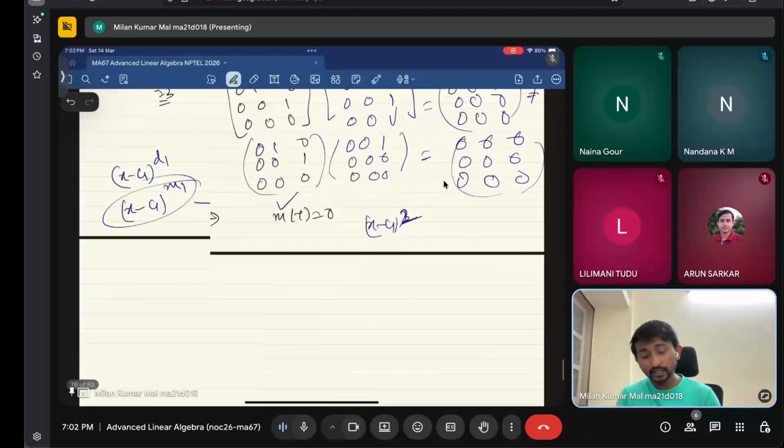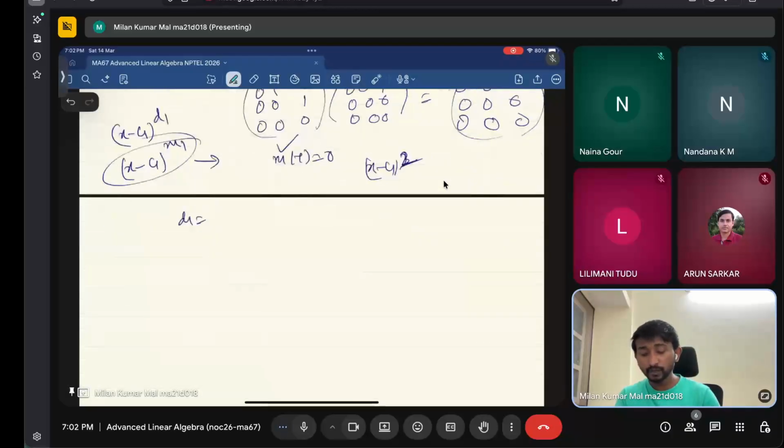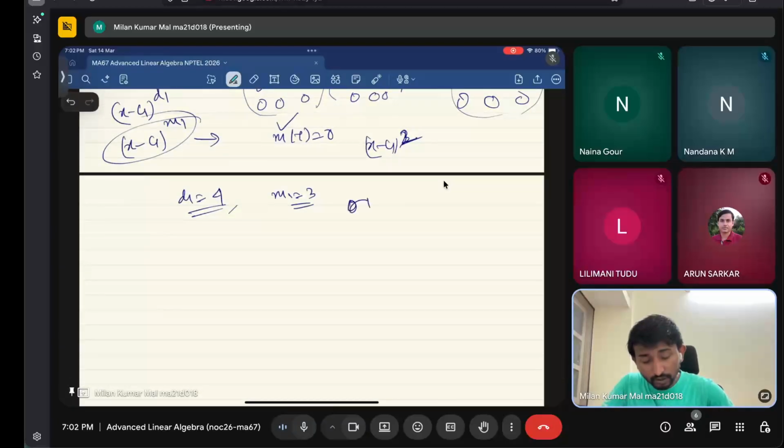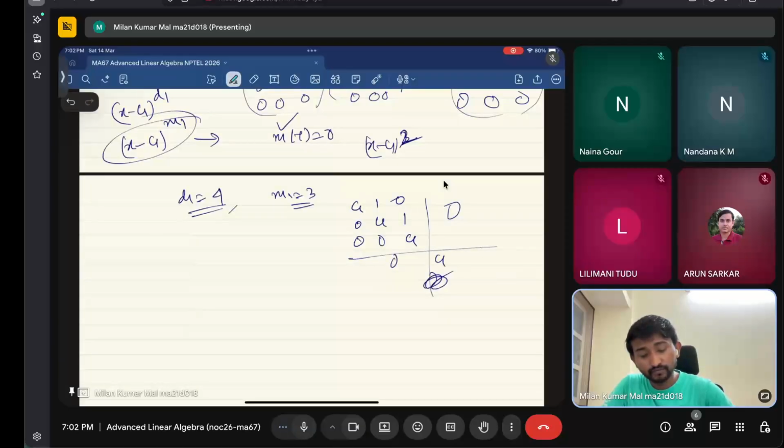My point is that suppose d1 is equal to 4, and m1 is equal to 3, and you have only one eigenvalue. Then consider the matrix with c1 1 0, 0 c1 1, 0 0 c1, and this is 0, this is 0, this is just c1. Suppose this is the matrix. Note that here c1 appears 4 times.